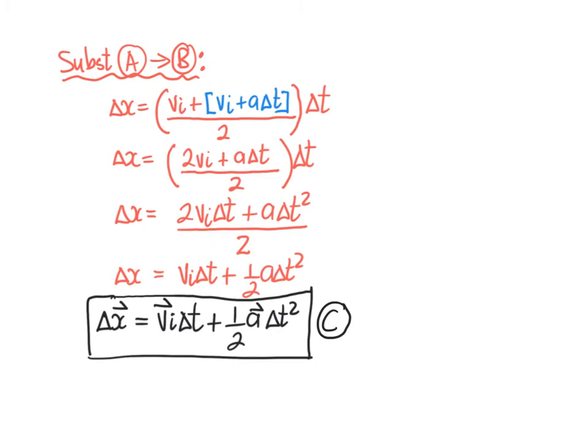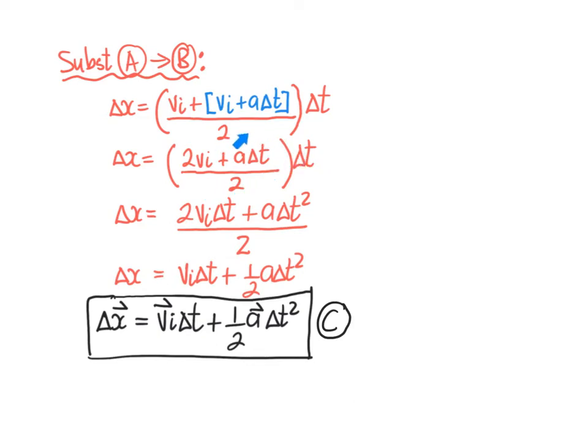So referring to equation A and B in the previous slide, if we take equation A, which says that v final equals v initial plus a delta t, and we substitute it into equation B, which says delta x equals v initial plus v final over 2 delta t, then we get the following equation, that vi plus vi is 2vi plus a delta t over 2 delta t, which is, keep this in the bracket.